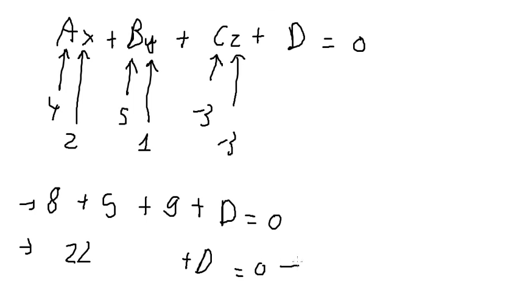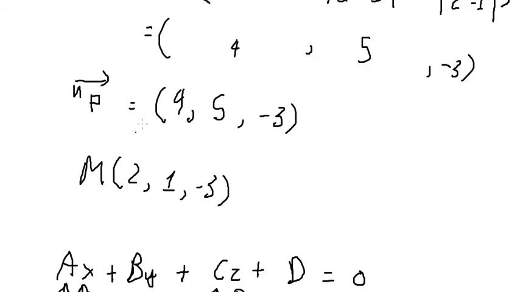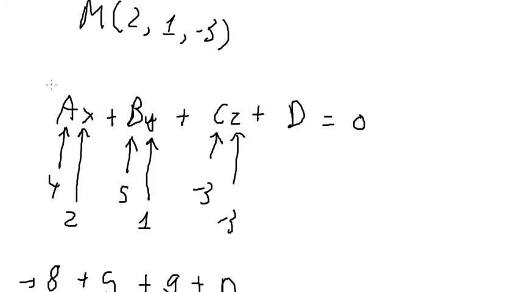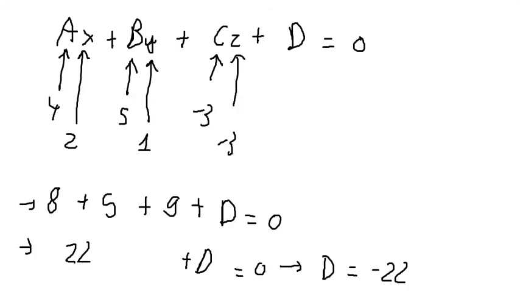And we can find the value of d. We move 22 to the right, and we have negative 22. And now we have the normal vector in here, and we can find the final answer.